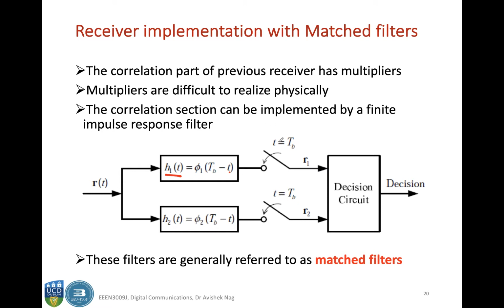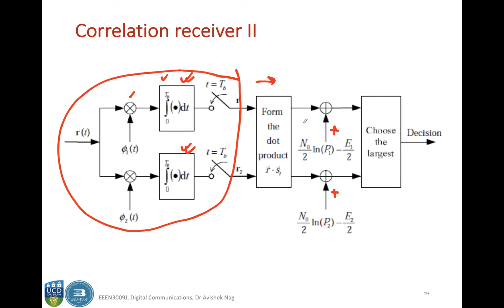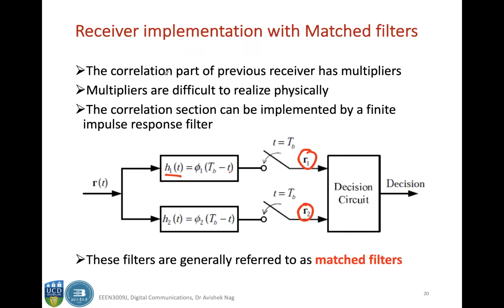Then you can show that whatever R1 and R2 you are obtaining by filtering r(t) through these filters and then sampling every Tb seconds, they are equivalent to the operation of this, multiplication and integration. So these filters are called matched filters. This filter h1 in the upper arm is matched to phi 1, and in the lower arm this filter is matched to phi 2. Now let's see how these are equivalent.